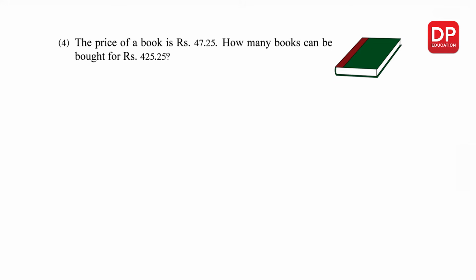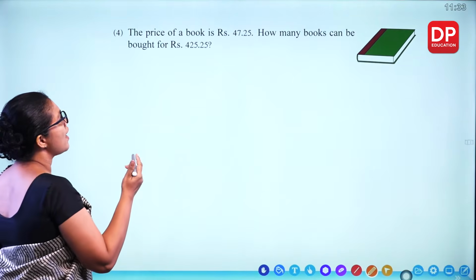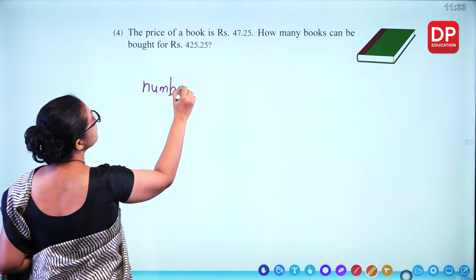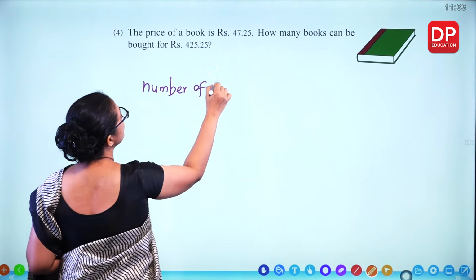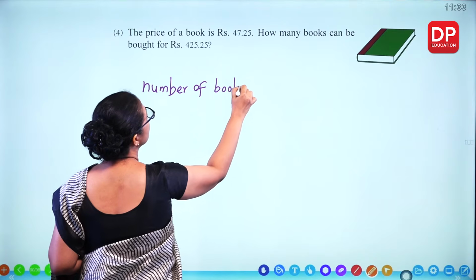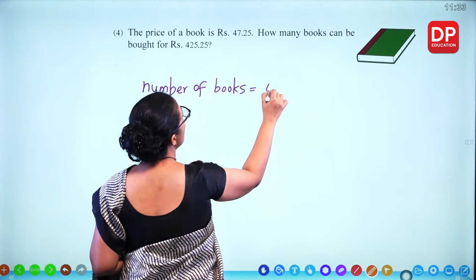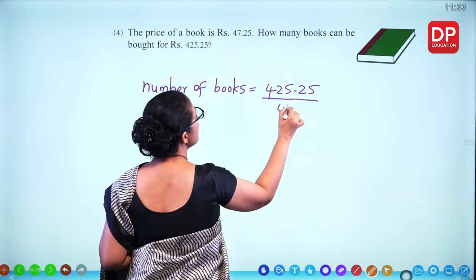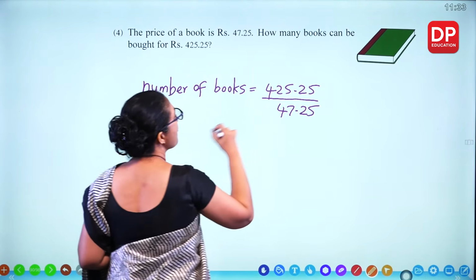Question number 4. The price of a book is 47 rupees and 25 cents. How many books can be bought for 425 rupees and 25 cents? So you have to divide. So number of books: 425.25 divided by 47.25.